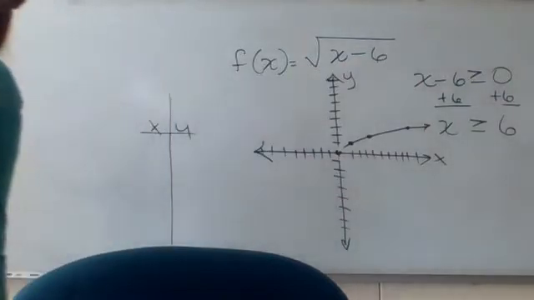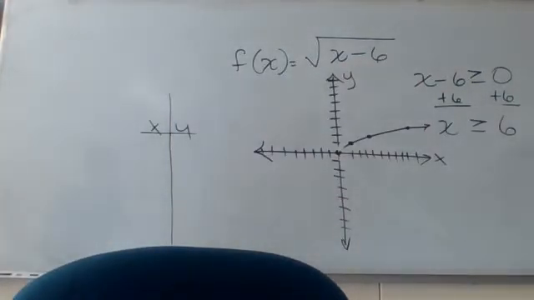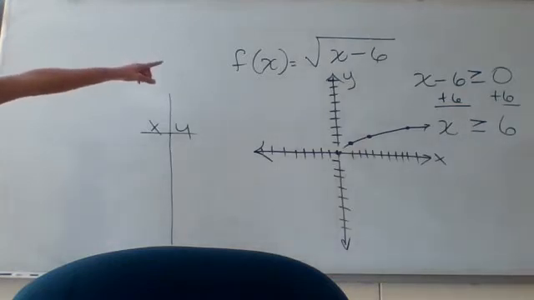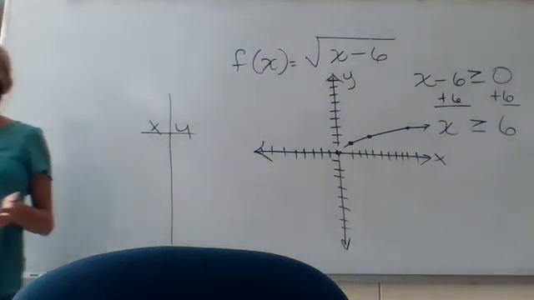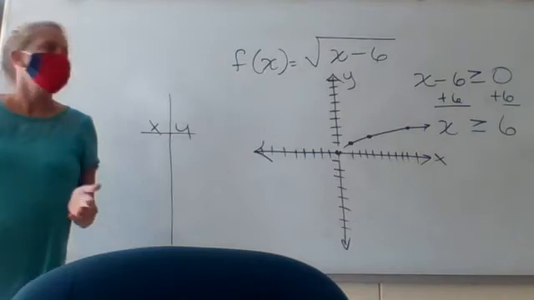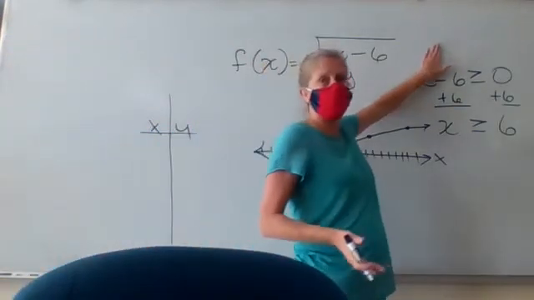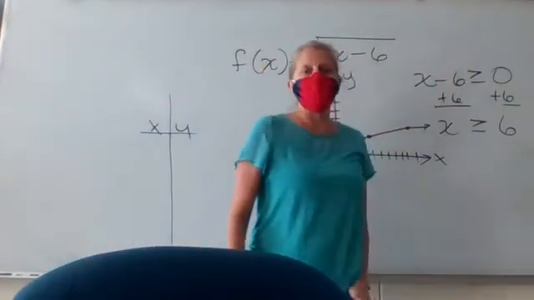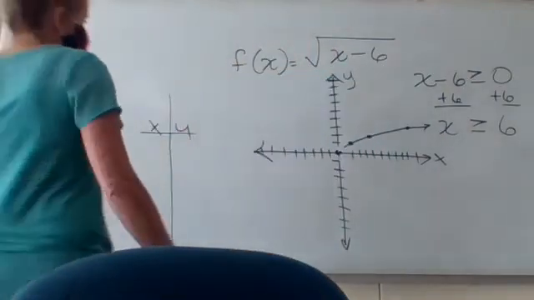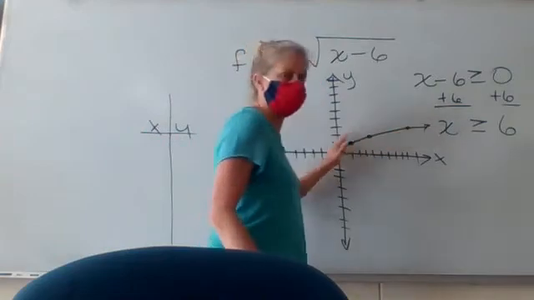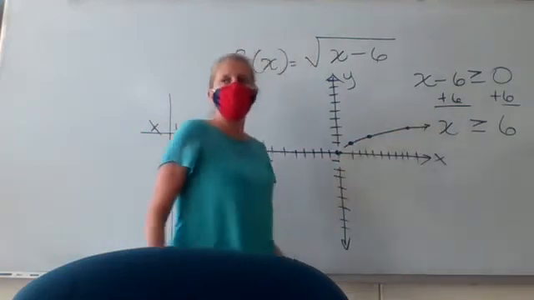So let's see how all this ties together. This minus 6 is an inside number, right? If it's underneath the radical, it's an inside number. Outside numbers would be outside the radical over here. Well, if it's an inside number, what should it do to this standard square root shape?